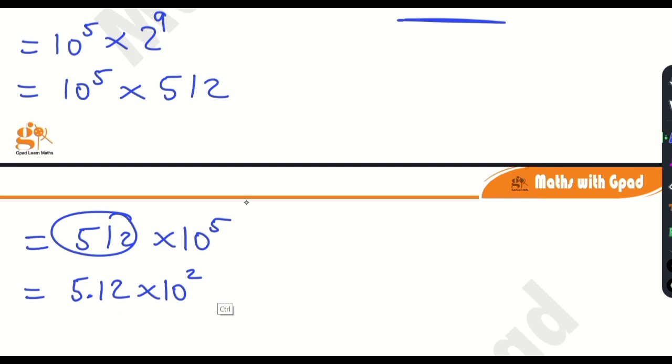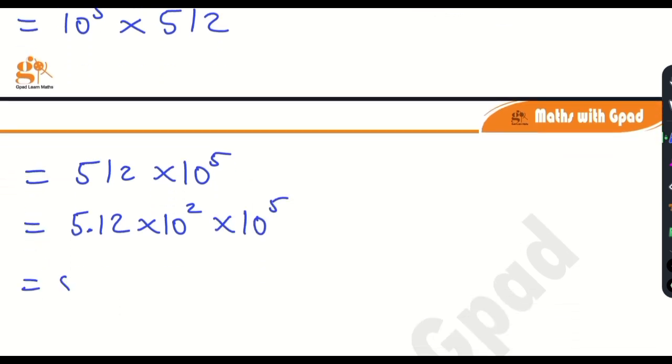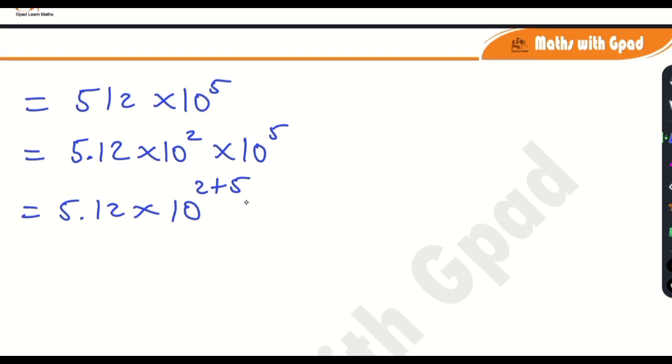So times 10 raised to the power of 5. Using the law of indices here again, same base, add the exponent. So you have 10 raised to the power of 2 plus 5. Finally, your answer is equal to 5.12 times 10 raised to the power of 7, written in standard form.